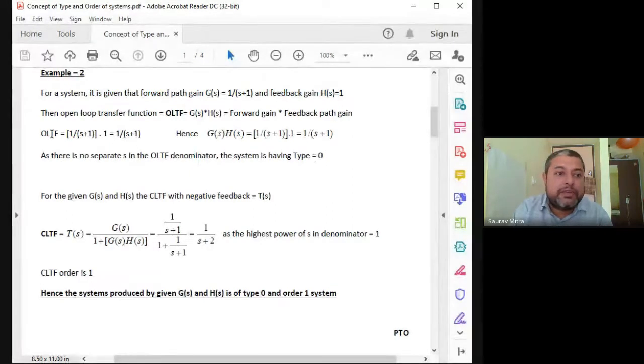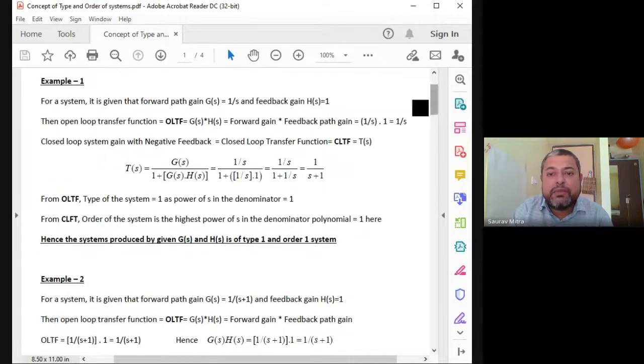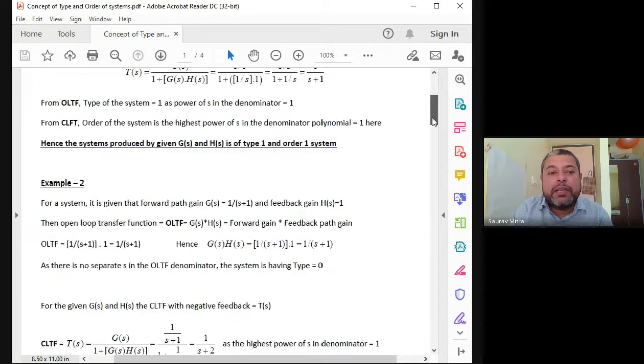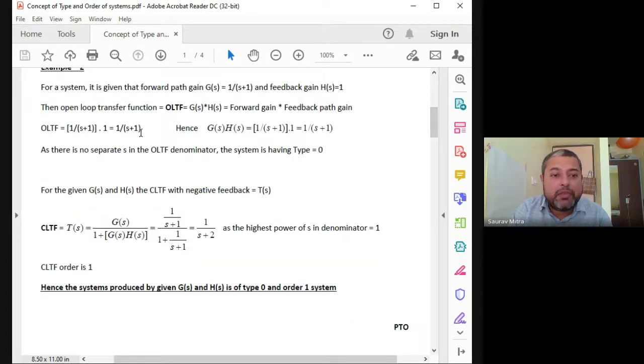So in this case you have to check OLTF. OLTF is 1 by s plus 1. So there is no s here. In the previous case, OLTF was 1 by s. That means there was one pole at origin. But if OLTF is 1 by s plus 1, where OLTF is G(s) into H(s), with G(s) equal to 1 by s plus 1 and H(s) equal to 1, there is one open loop pole, but that pole is at minus 1. There is no pole for OLTF placed exactly at origin, that is s.